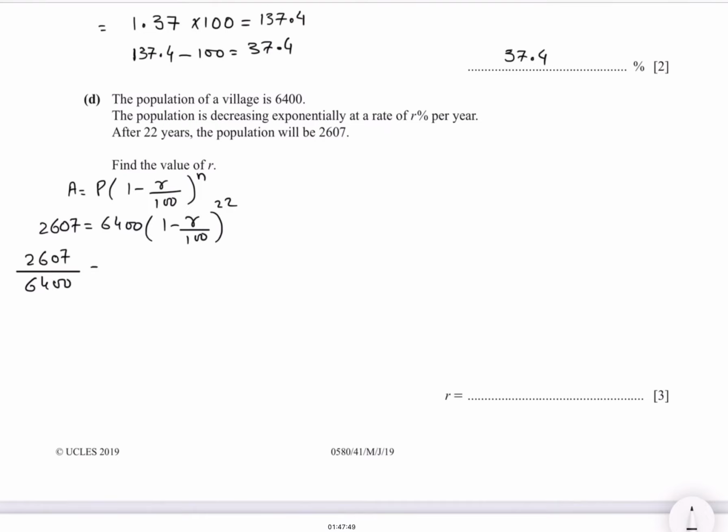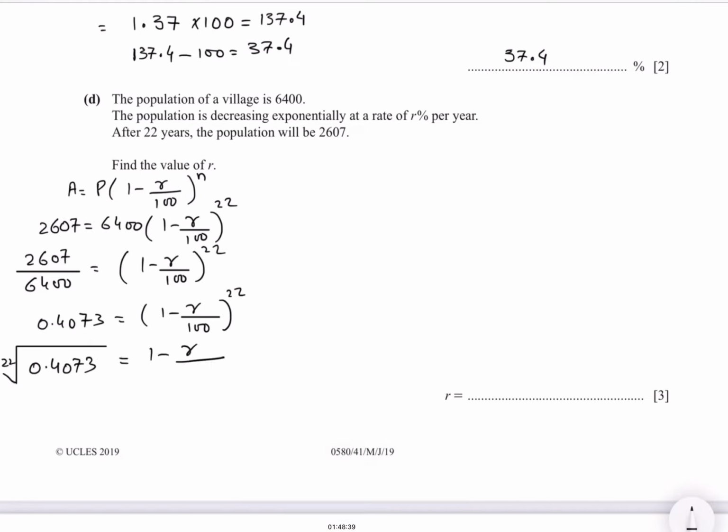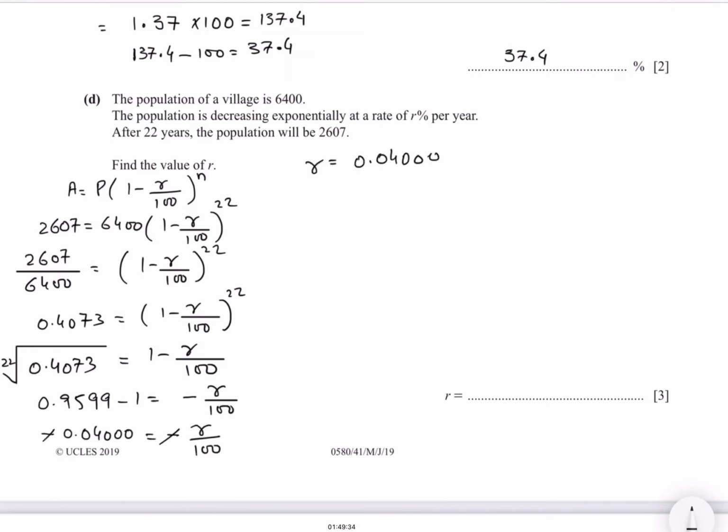So our A is 2607 and our P is 6400, and after that you have to make R the subject. So the 22nd root of 0.47. So your minus will cancel each other out. Your R is 4%.